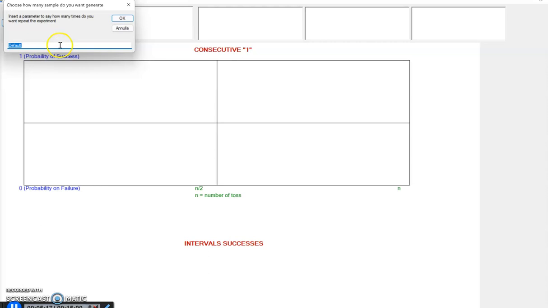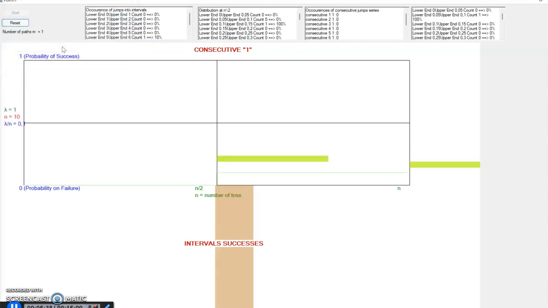I want to show you an example with only one path, and I insert a parameter lambda that is very small with respect to the number of tosses, because you have to remember that the parameter for Bernoulli is lambda over n. For example, in this case 1, we can see that the distribution is very small.